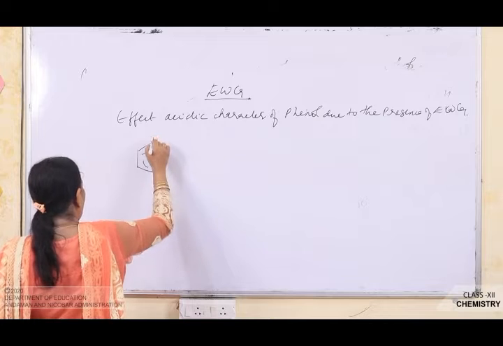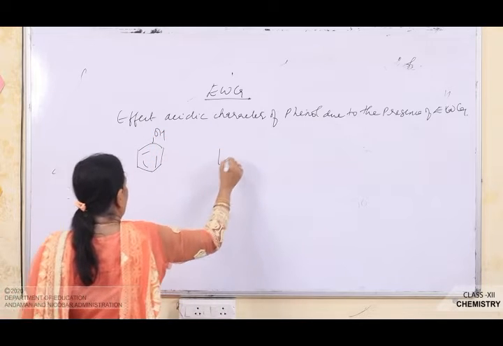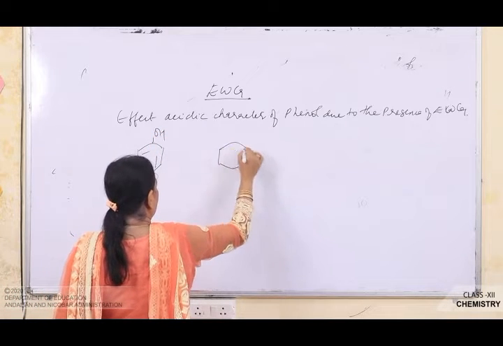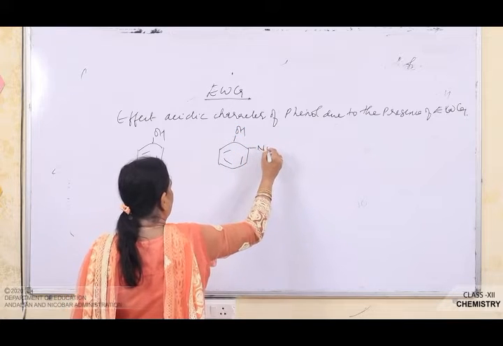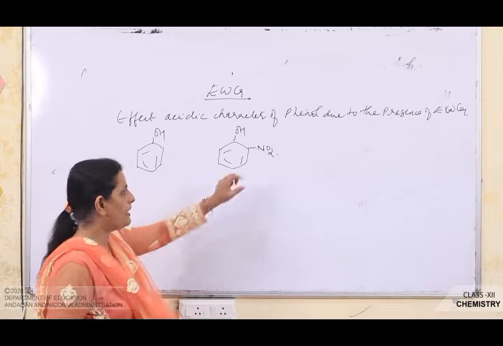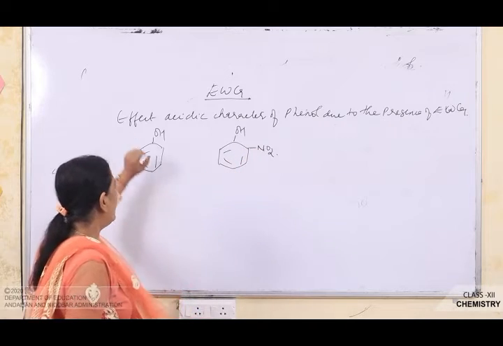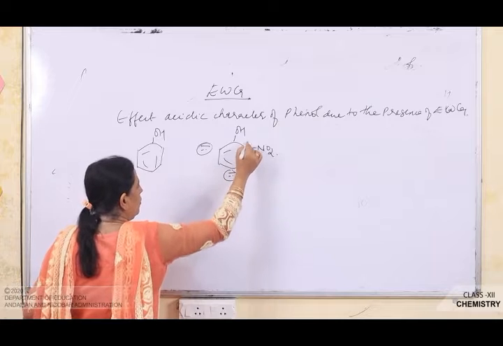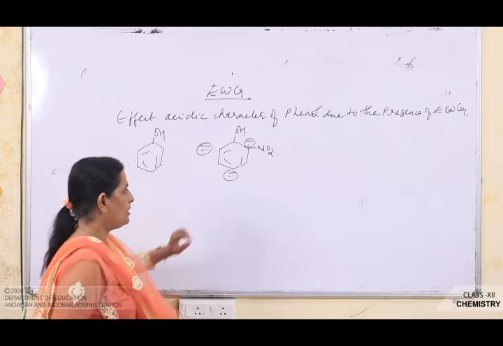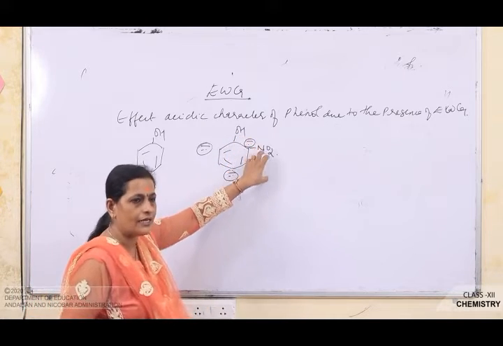Now see here, I'm making phenol, I'm making orthonitrophenol. Now NO2 is an electron withdrawing group. Now due to resonance, the electron density increases in which position? Ortho and para position. Now NO2 group, it will withdraw this electron.